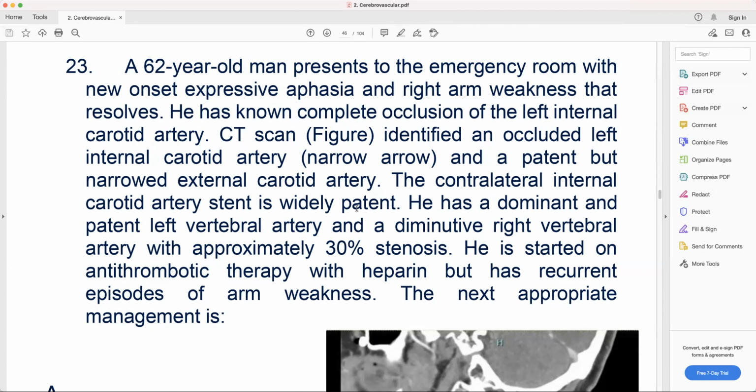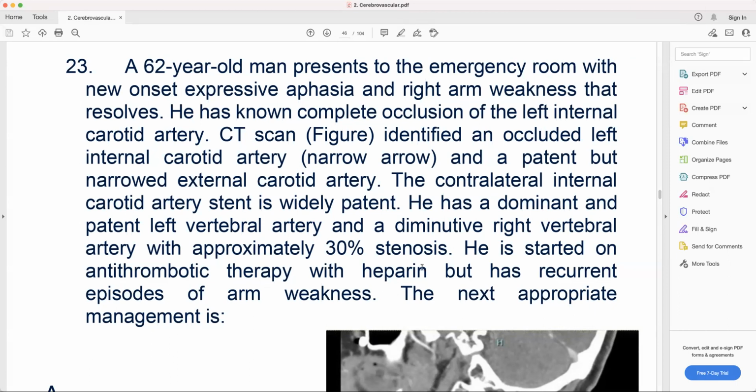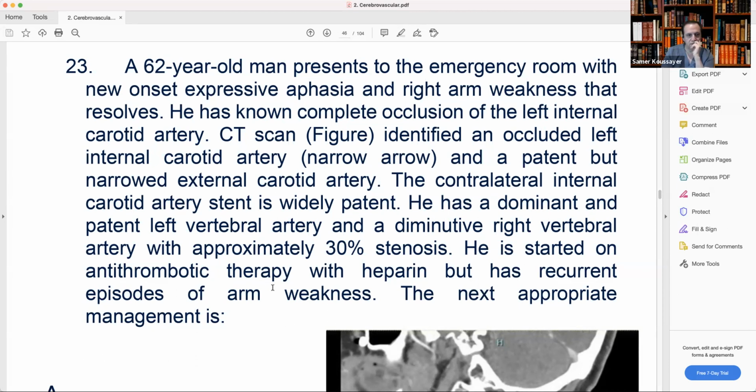Then they look at the vertebrals. The left vertebral is patent, the right vertebral has 30% stenosis. They start him on heparin. So now he's still getting symptoms, even though the internal carotid artery is still occluded.